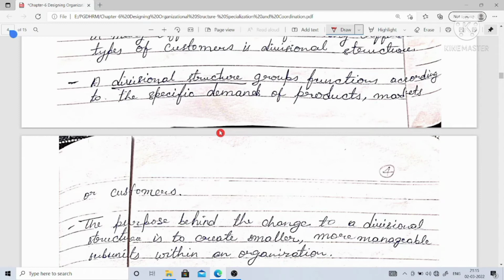According to these factors, divisional structure groups different functions to satisfy the demands of these things, just like different customers.